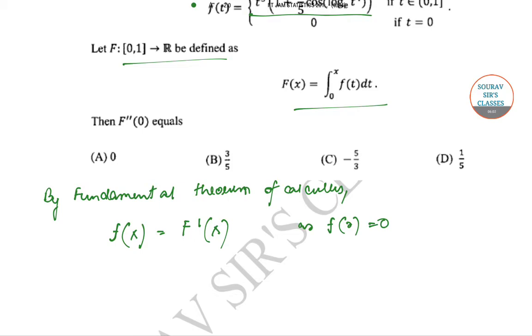So capital F prime of x is equal to small f(x), which also gives us that F double prime of x is equal to f prime of x.